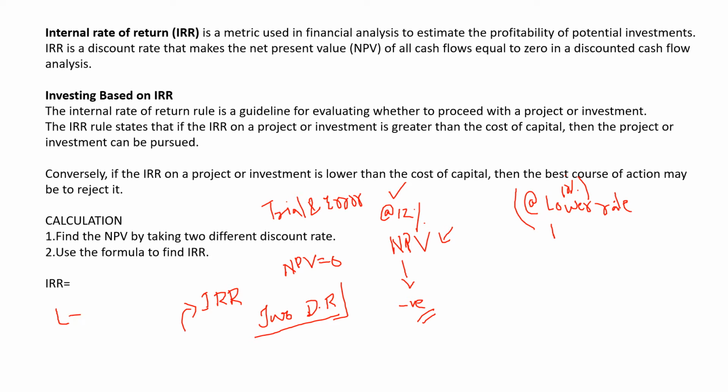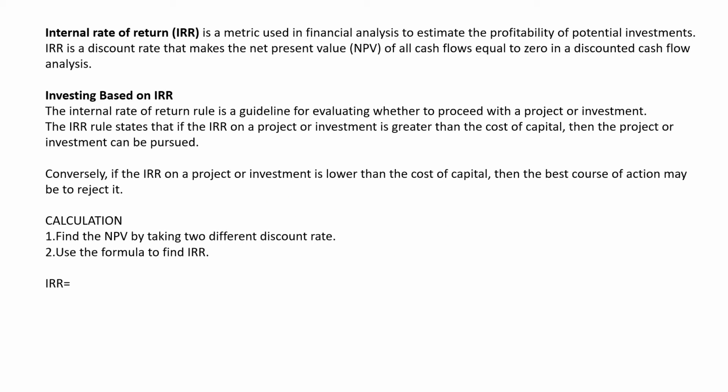That is the lower rate, plus the NPV of the lower rate divided by the NPV of the lower rate minus the NPV of the higher rate, then multiplied by the higher rate minus the lower rate. Let me write it nicely. So how will we find the IRR? It is the lower rate plus NPV of the lower rate, divided by NPV of the lower rate minus NPV of the higher rate, and then multiplied by the higher rate minus the lower rate.